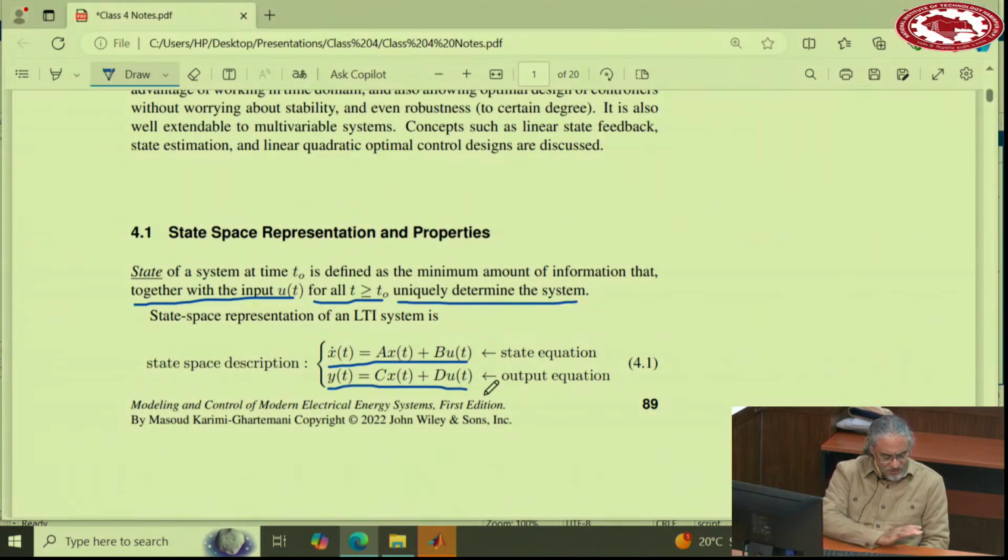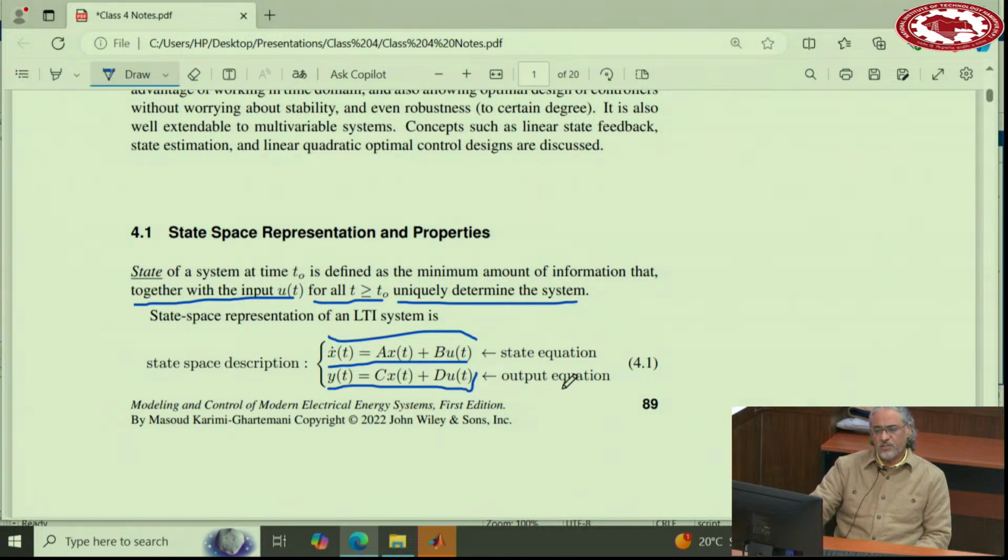If you represent the system equations in this form as a number of first order differential equations, then these equations are called the state equation, the equation that generates the output is called the output equation, and all together they are called the state space equations.